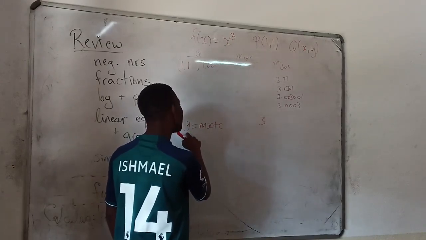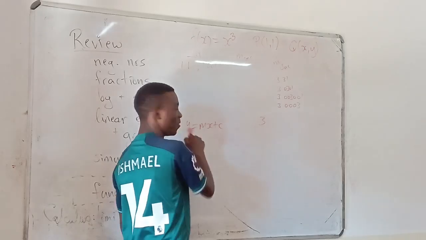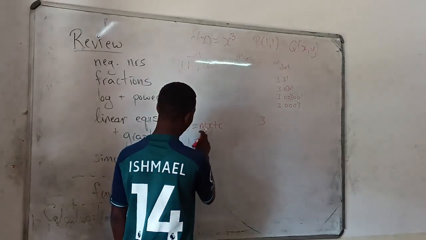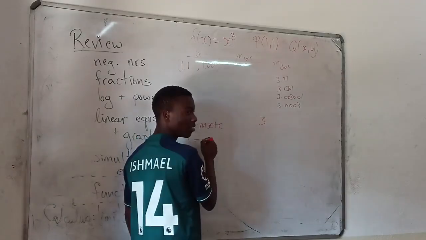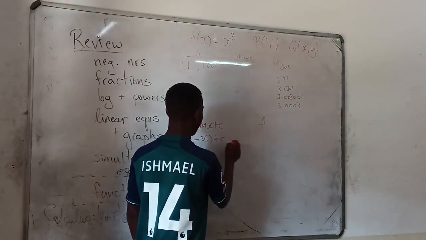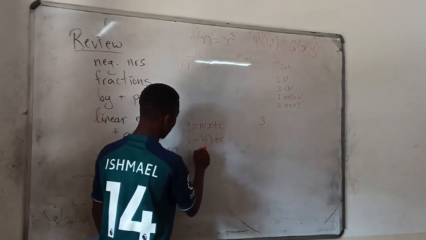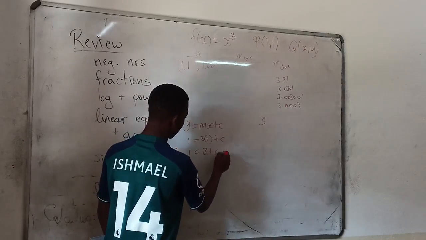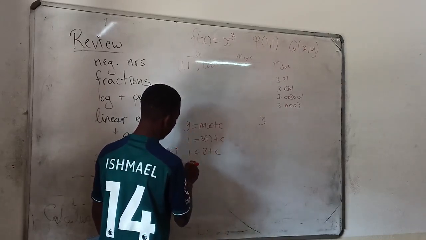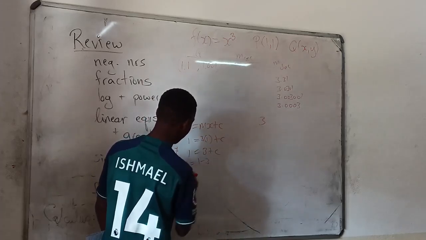What's the value of y? And 1 m, okay, then 1 plus c, like that. It will be like 3 plus c, so c will just be 1 minus 3, like that. And then c will be what?